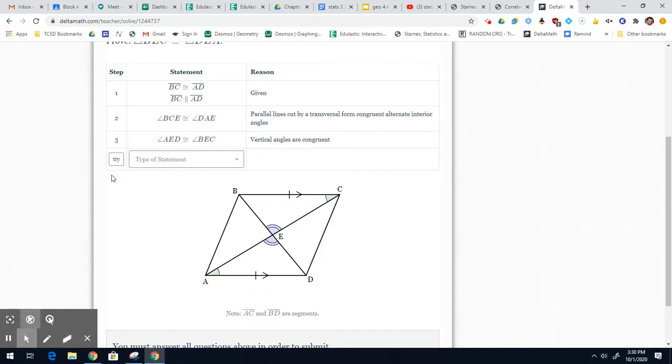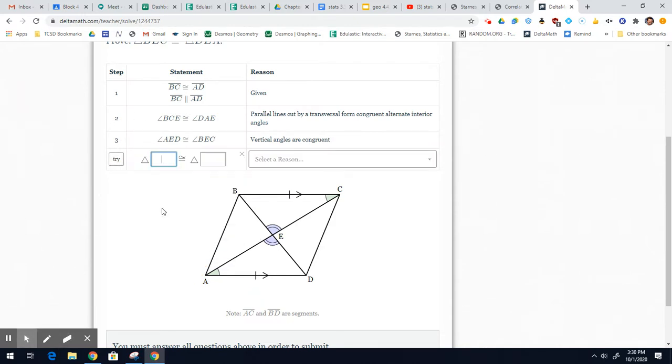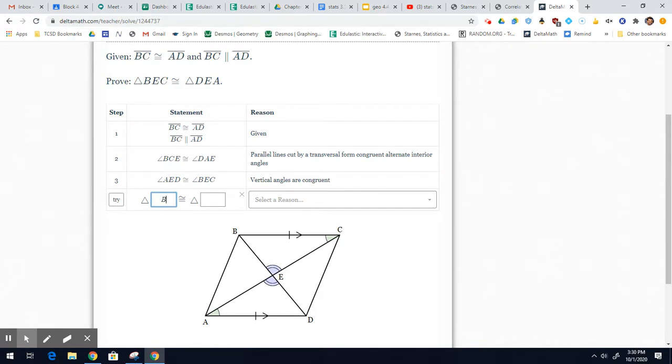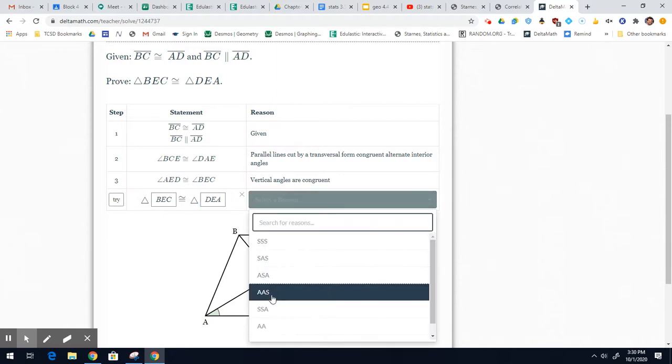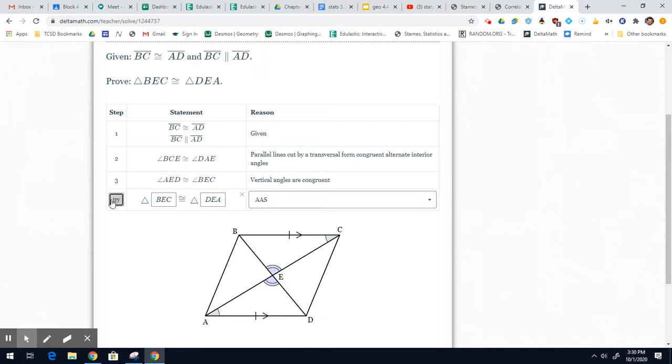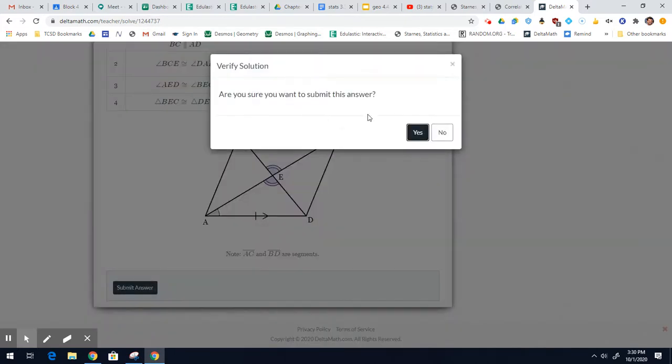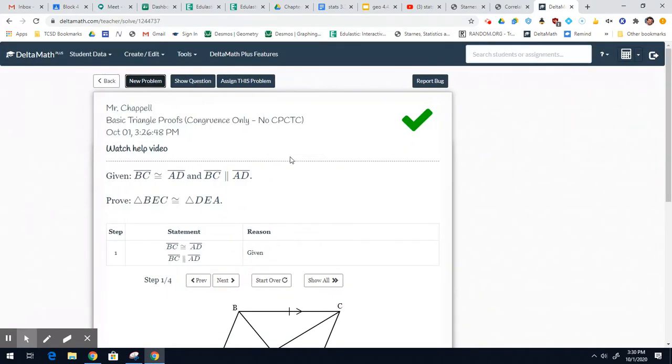So I now know that my triangles, BEC and DEA, are going to be congruent, and that is by angle, angle, side. Small green check mark. I'm gluttonous for the big green check mark. Got it.